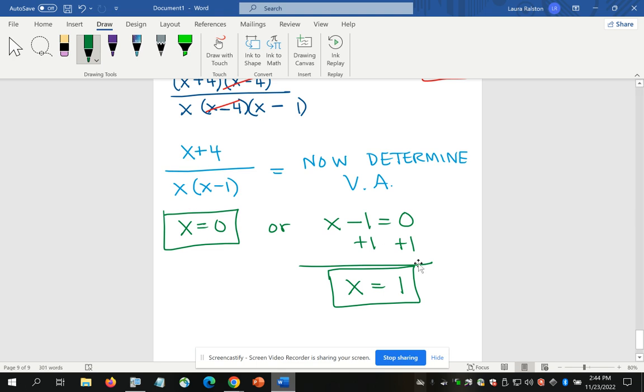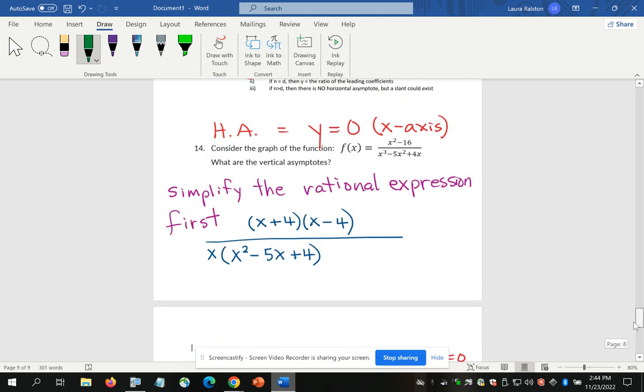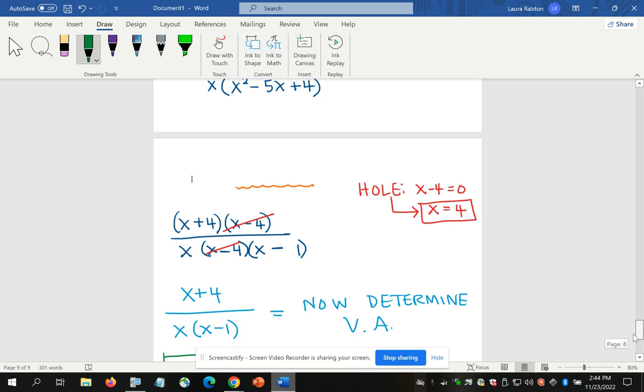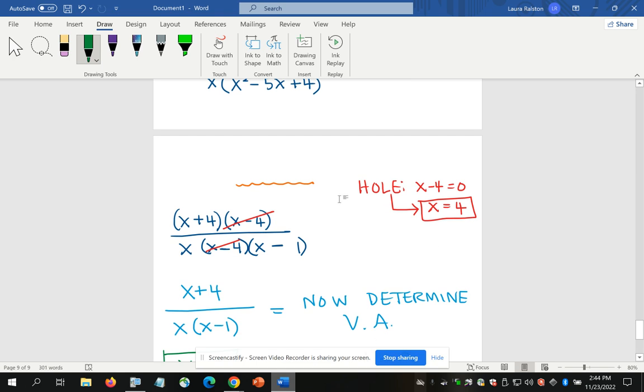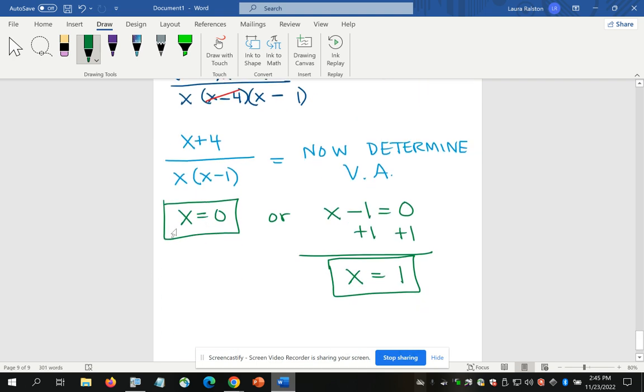Be careful, okay? Please make sure that you simplify that rational expression first so that you don't miss the fact that there's a hole in the graph at the value of 4, because that particular piece divides out or simplifies out. So your vertical asymptotes, there are only 2. There's one at 0 and one at positive 1.